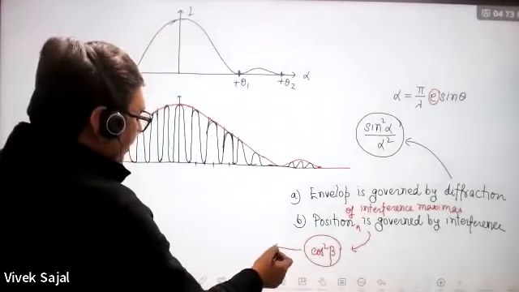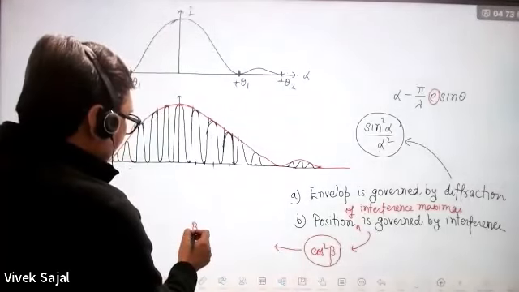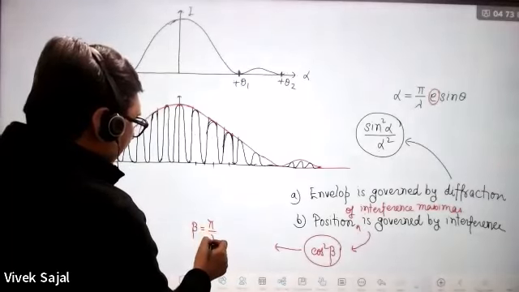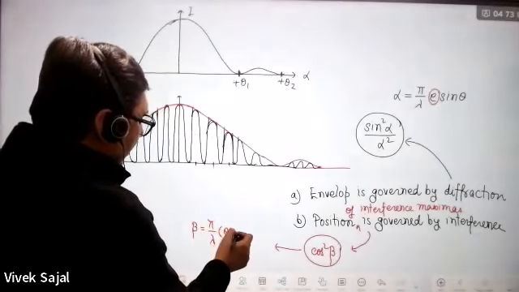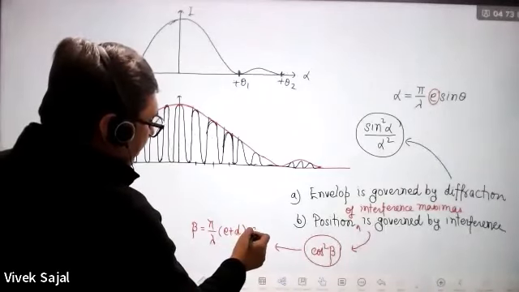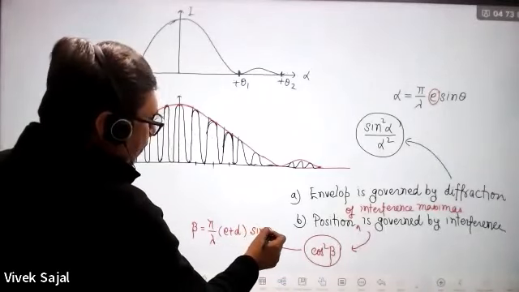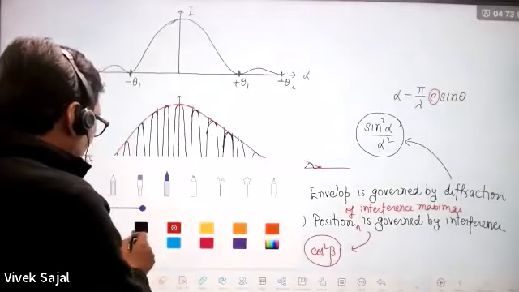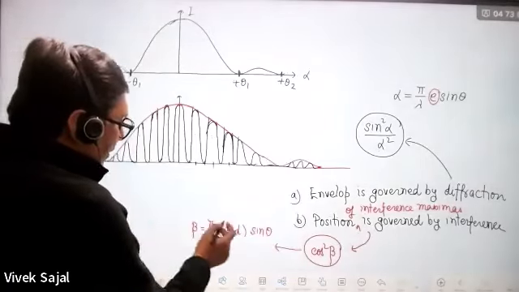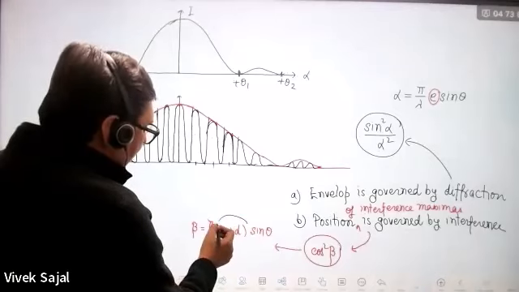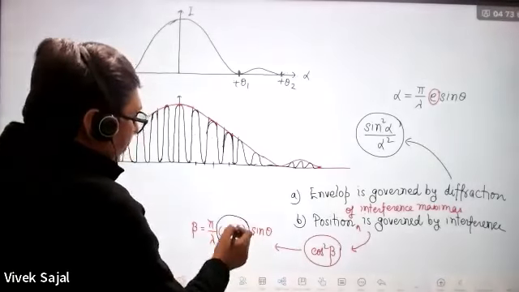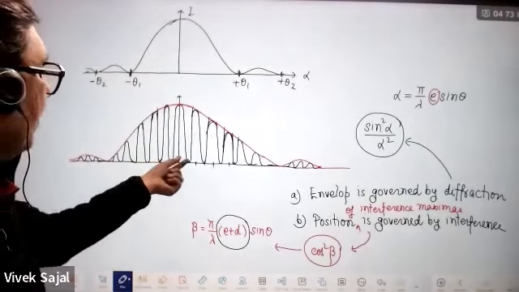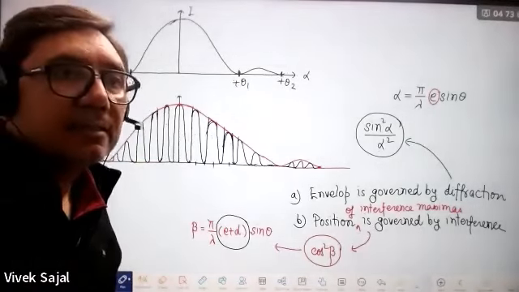And what is beta? Beta is pi by lambda, and this is e plus d sine theta. So who is deciding the position of these interference maxima? Basically this e plus d, the separation between the two slits. This is deciding the separation between these maxima.